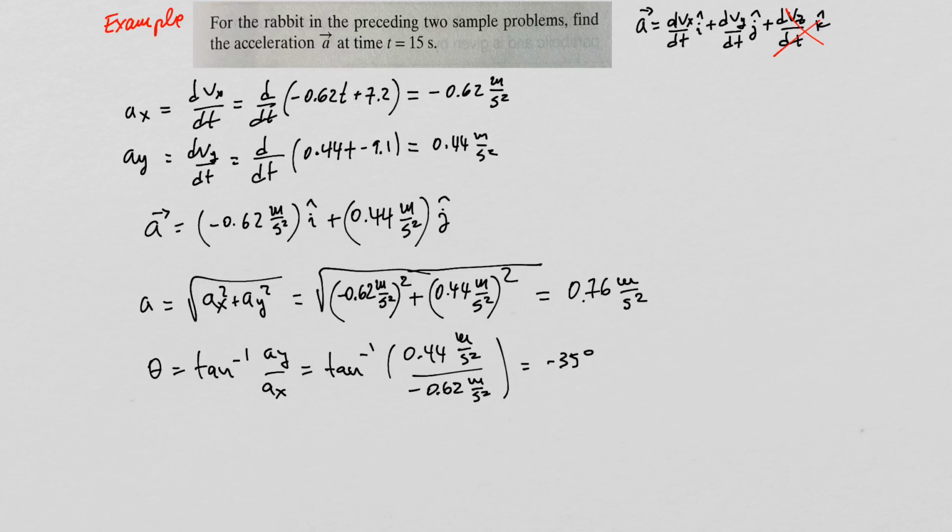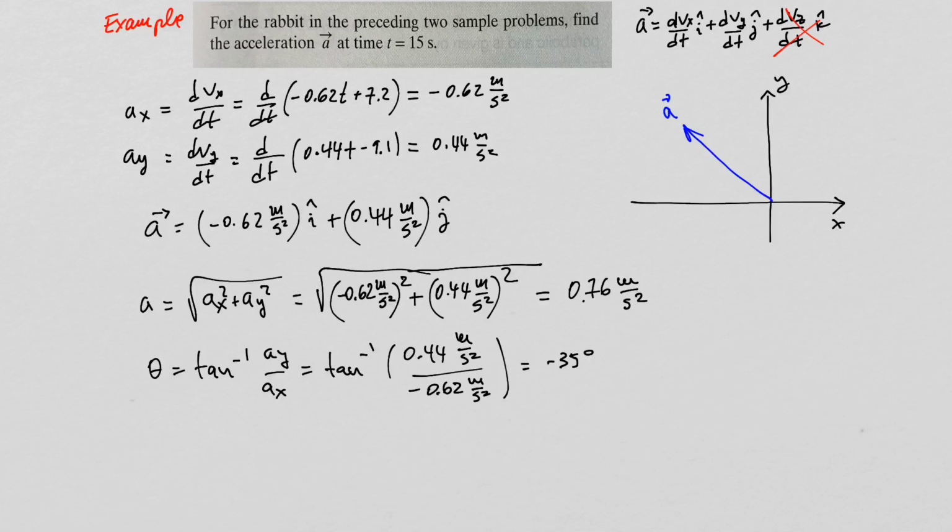As you can see from the two coordinates, we have a negative x coordinate and a positive y coordinate, so that means that the acceleration is in the second quadrant. So here is my y-axis, here is my x-axis, and the acceleration vector is in the second quadrant.